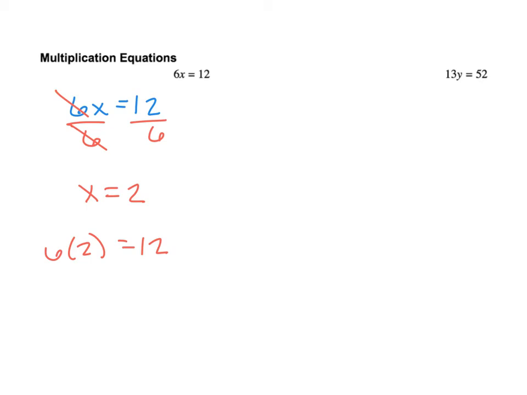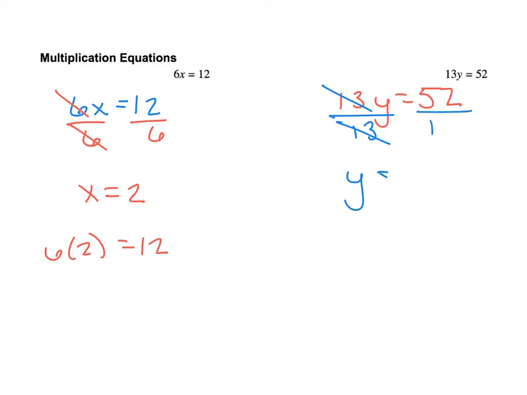All right, 13y is equal to 52. Well, that's going to be 13y equals 52. My inverse operation is division, so I'm going to divide by 13. Like we said before, 13 times y, then divided by 13 has to leave me with just plain old y.